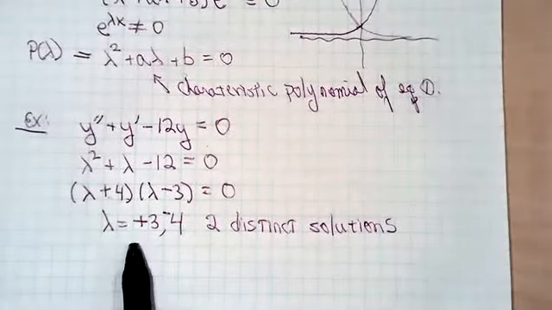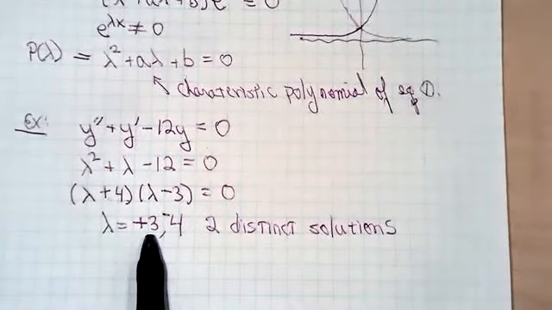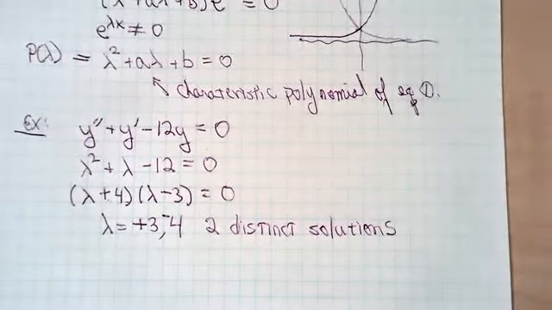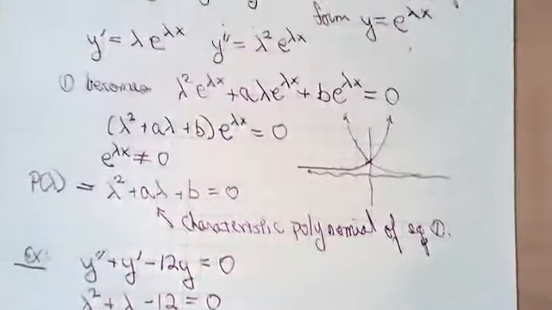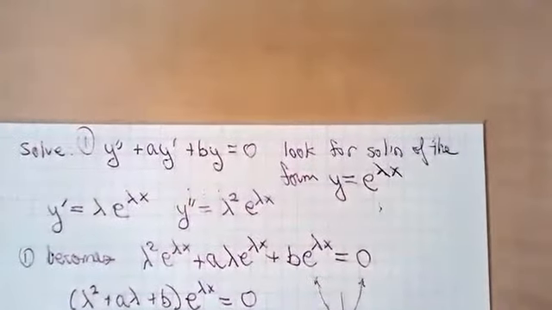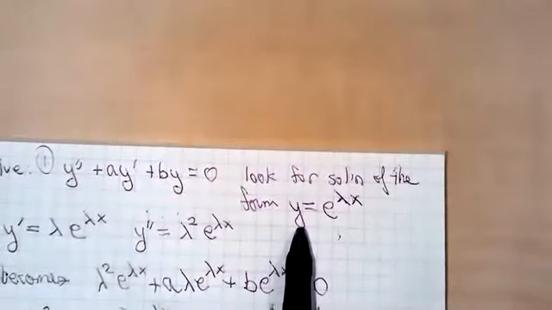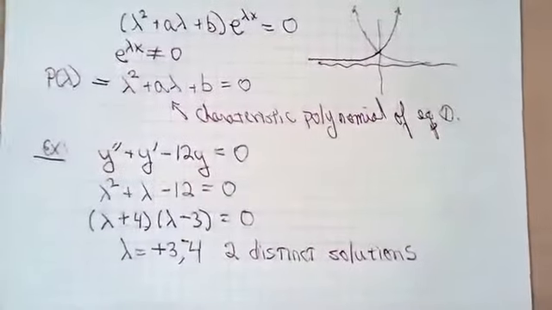Okay, so lambda 1 and 2 are positive 3 and negative 4. And we were starting from an assumption. The assumption was, do we have any solutions of the form e to the lambda x? And so the answer seems to be yes.